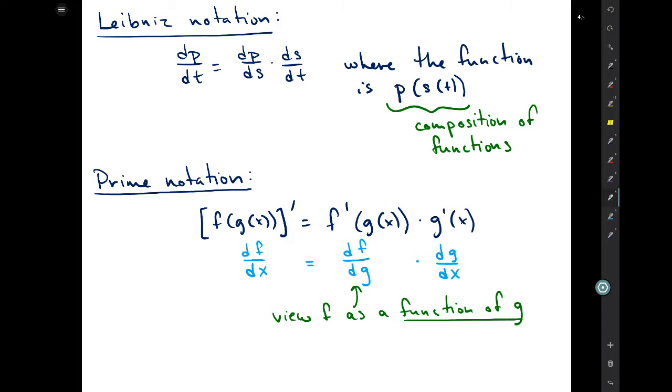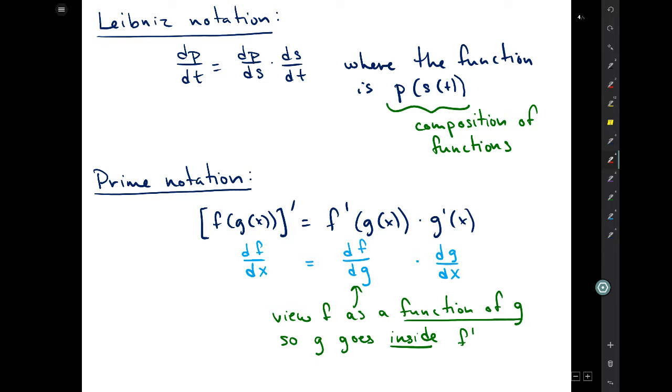And so what we end up doing is we take the derivative of that, and then we plug g into the inside of that. So g goes inside f prime. And so that is the intuition for going between this prime notation for the chain rule and the Leibniz notation for the chain rule.